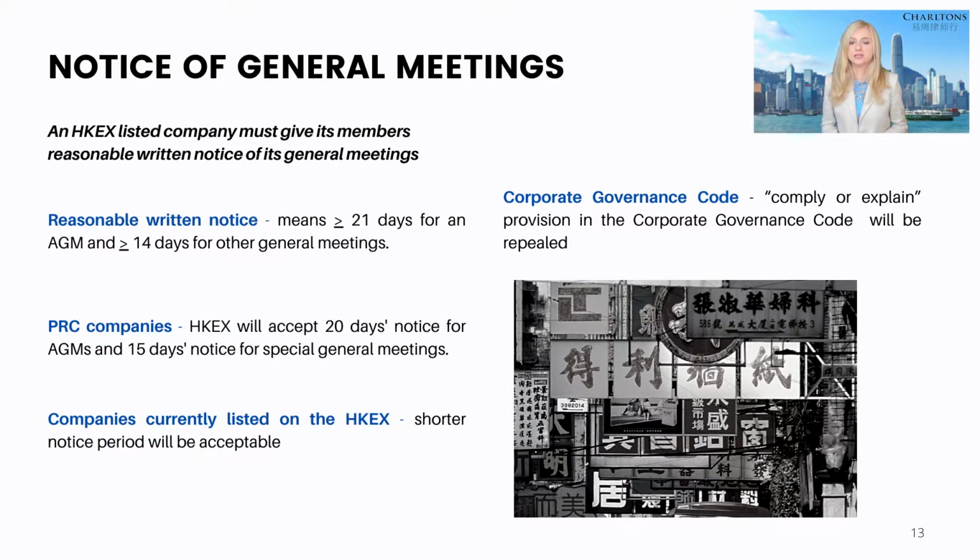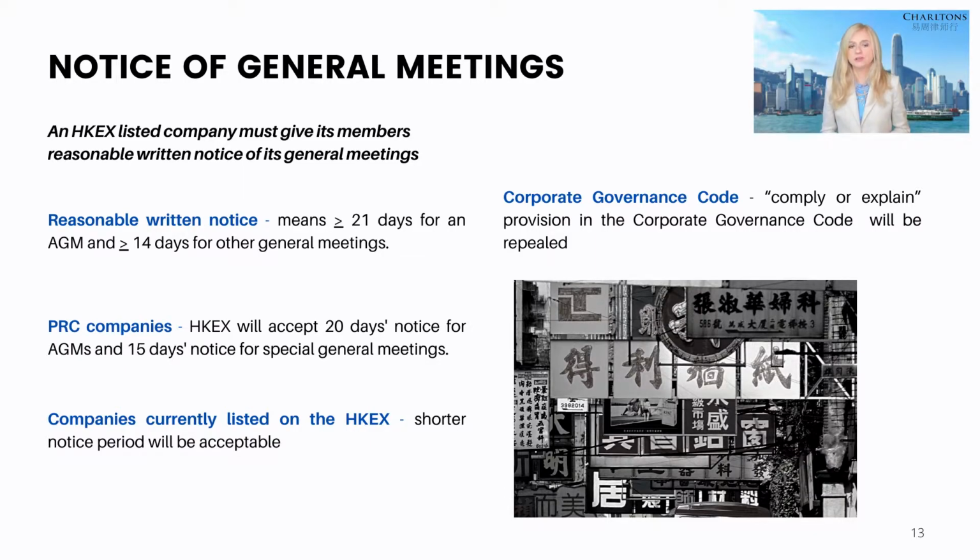The next core standard proposed will require listed companies to give shareholders reasonable written notice of general meetings. The Hong Kong Exchange is proposing to add a note that reasonable written notice means at least 21 days for an annual general meeting and at least 14 days for other general meetings.